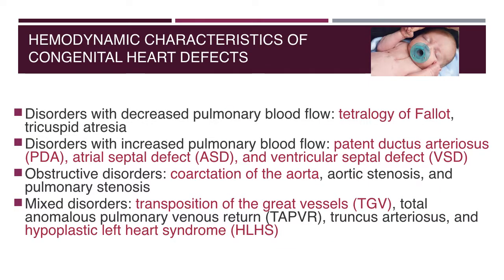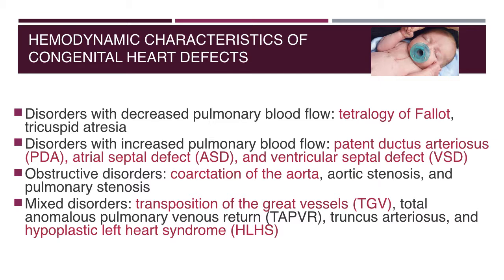Another way of looking at them is the hemodynamic characteristics of the defects. And your book talks about how we are starting to look at this more in our descriptions rather than cyanotic, acyanotic.